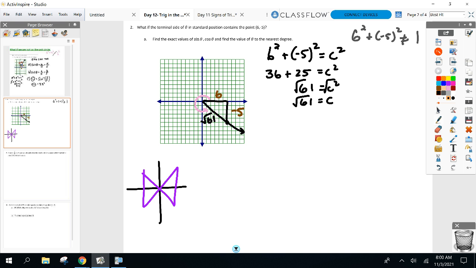Party time. Here we go. Sine theta. We always go from your reference angle. SOHCAHTOA. Opposite over hypotenuse. Help.